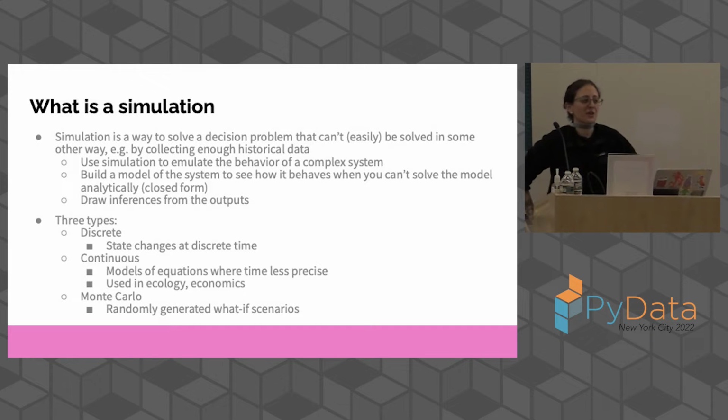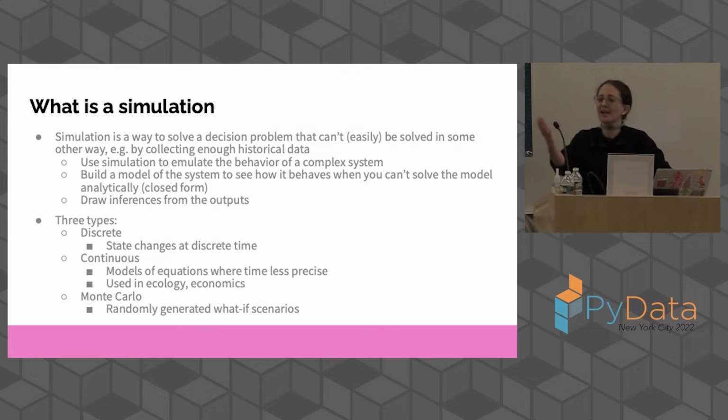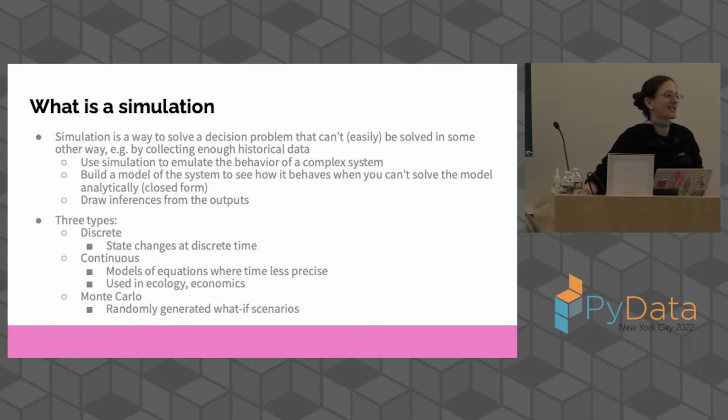What is a simulation? If you read my little blurb for this talk, hopefully you knew that you don't need to know anything about simulation to show up, because I promised to define it for you. And now we've come to that time where I will tell you what a simulation is.